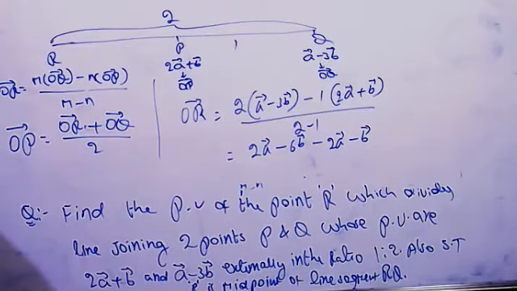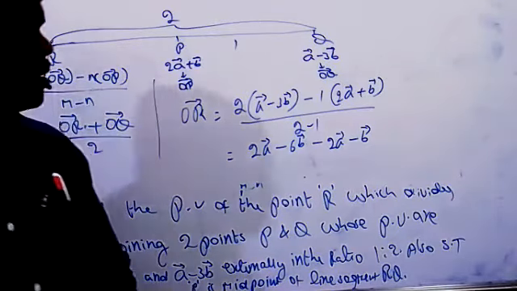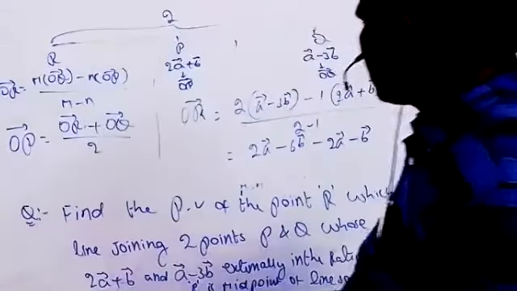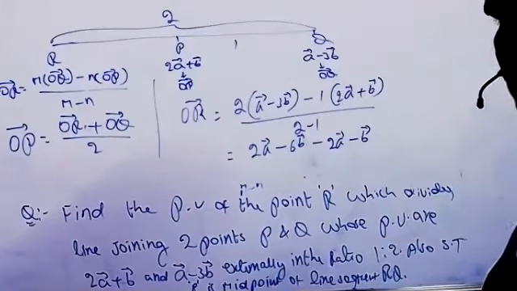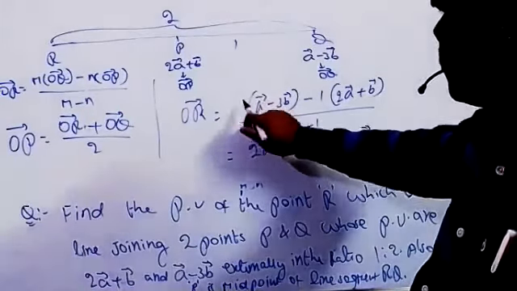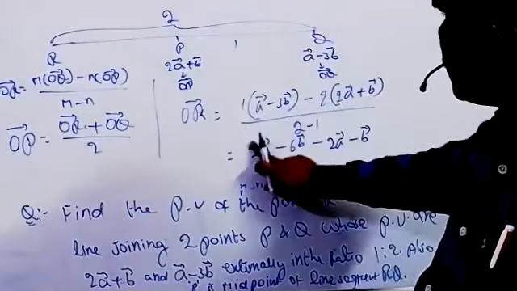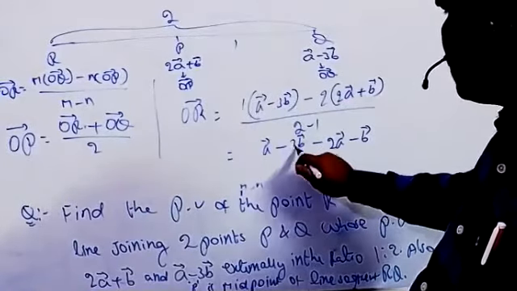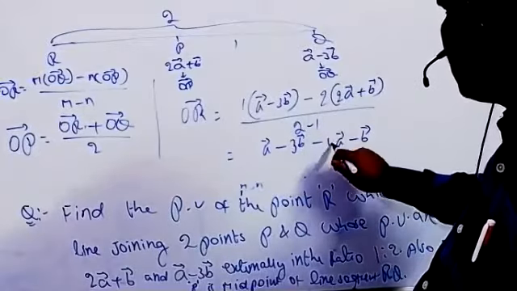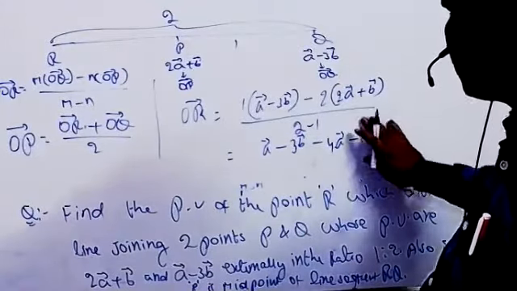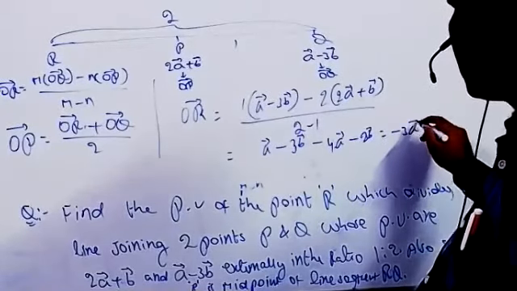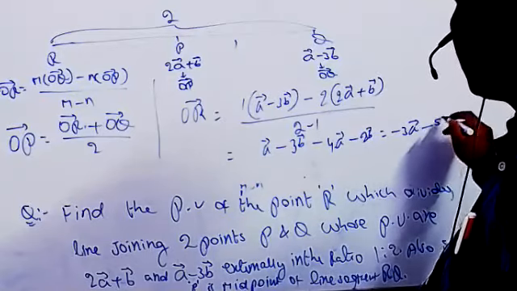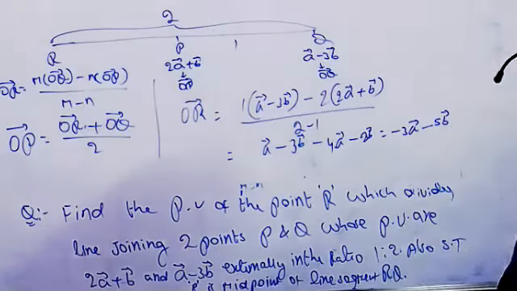They gave the ratio 1 is to 2. So minus 3, minus 4, and minus 2B. So this is minus 3A minus 5B. That's all. If you want, you can take minus common, not an issue.